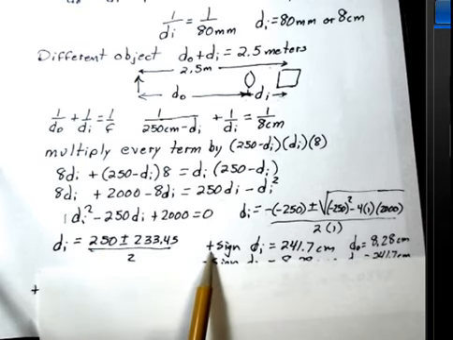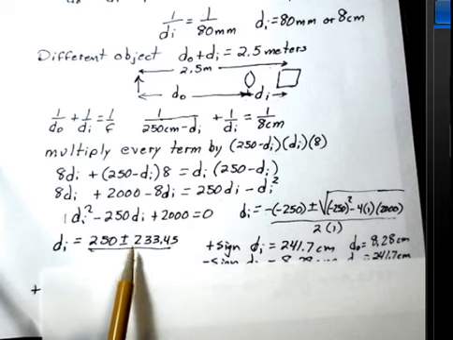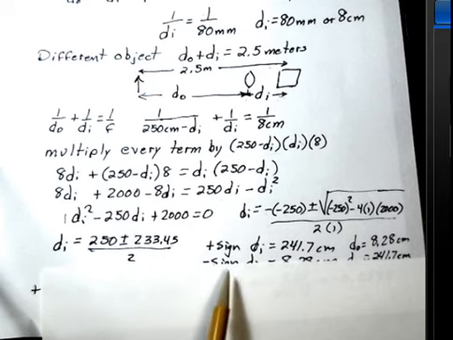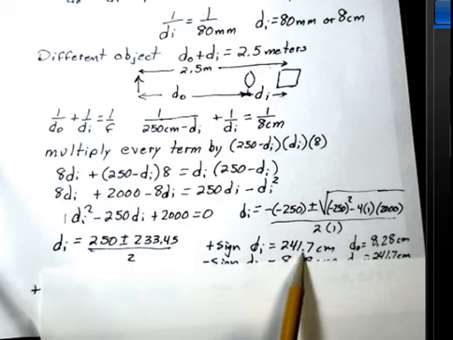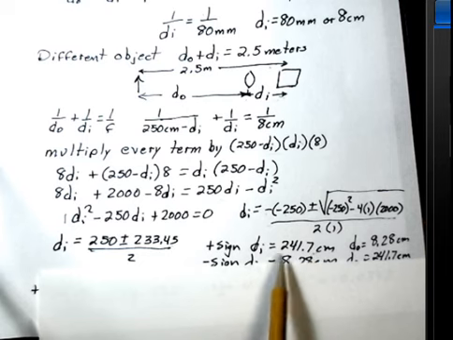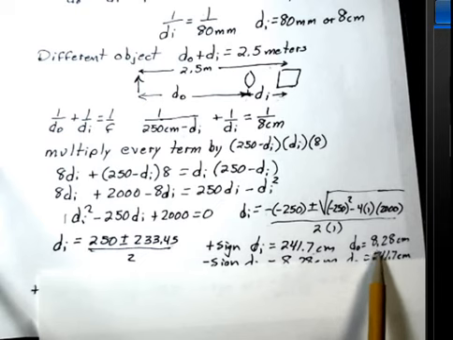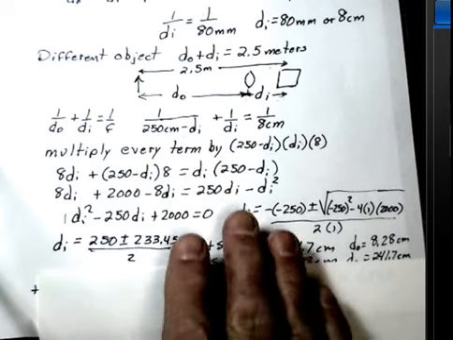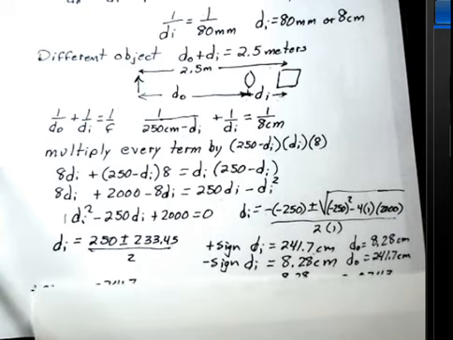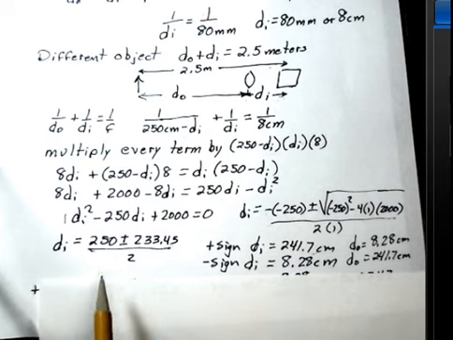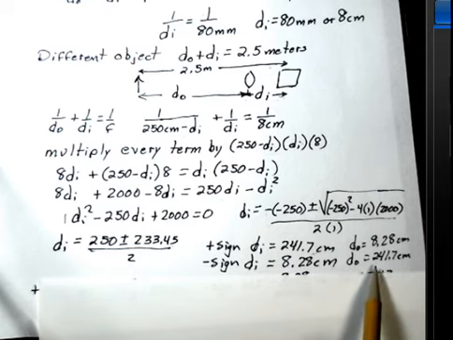If I choose the plus sign, di comes out to be 241.7, and if I would subtract that from 250, I would find the object distance, 8.28 centimeters. Let that percolate in your mind just a little bit. And then if I choose the minus sign, I get di as 8.28 centimeters, and the distance of the object from the lens is 241.7 centimeters.